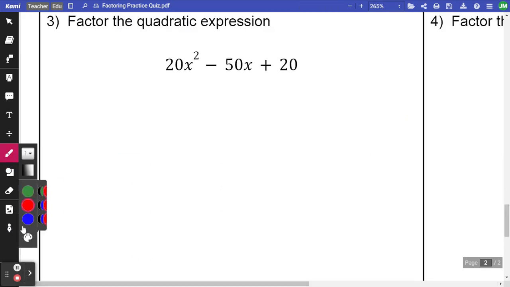Number 3. So we'll begin by listing out the factors of these numbers to see if we can find the greatest common factor. So 20, 10 times 2, 50, 5 times 10, 20 again, 10 times 2. So out of all these, the greatest common factor is 10. Alright, so that's where I'll begin.